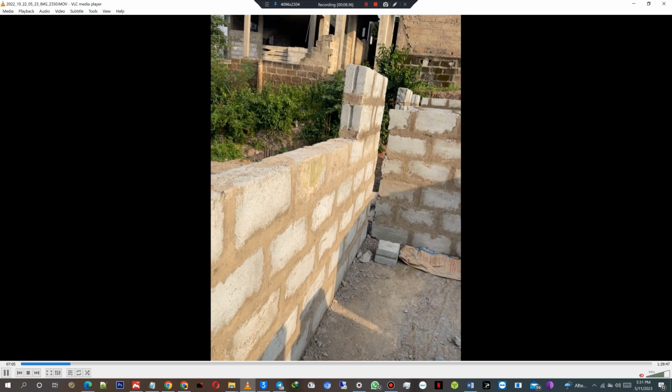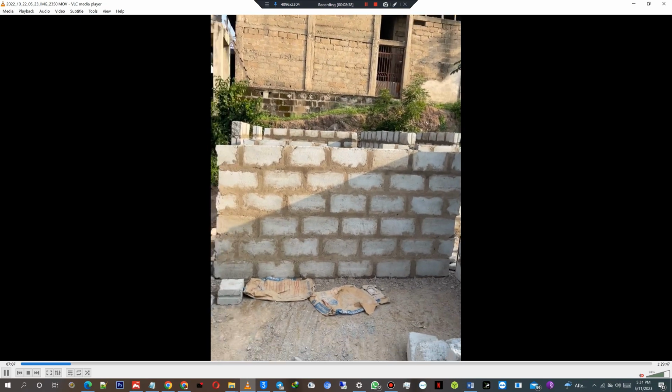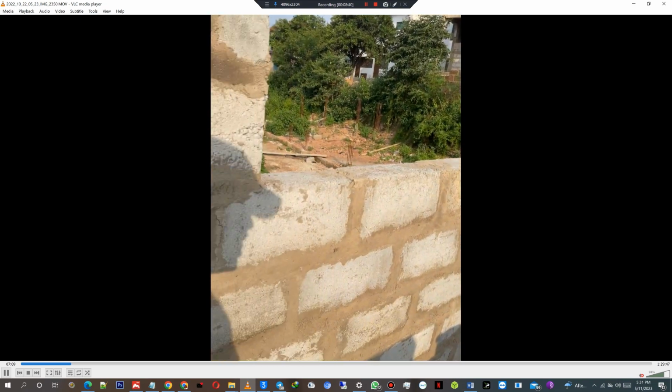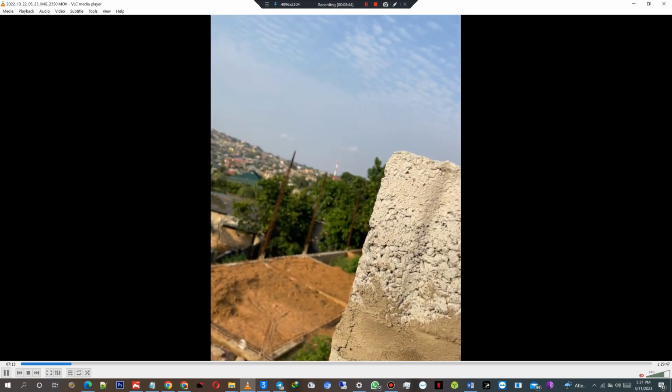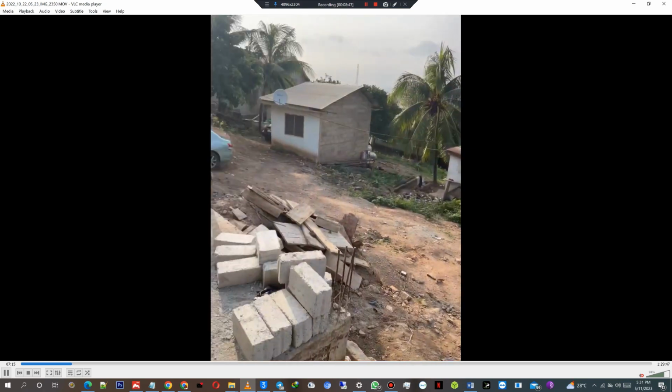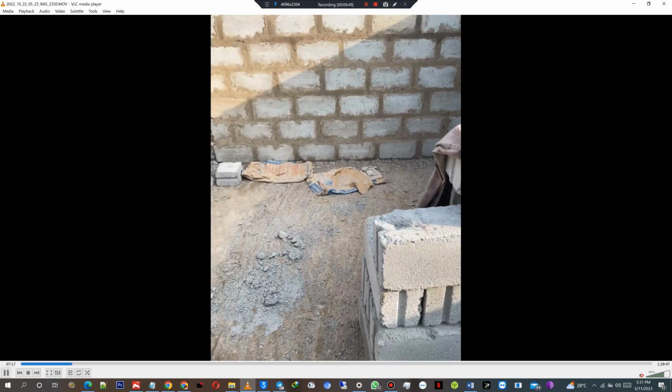It sounds weird to me. The former supervisor told me the rooms are enough, so I should wait till we did the first floor casting.